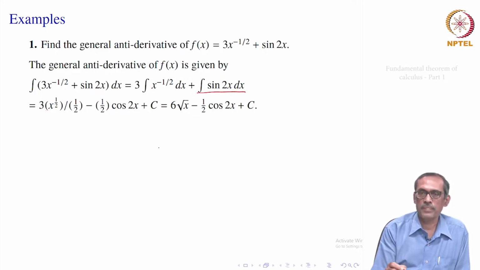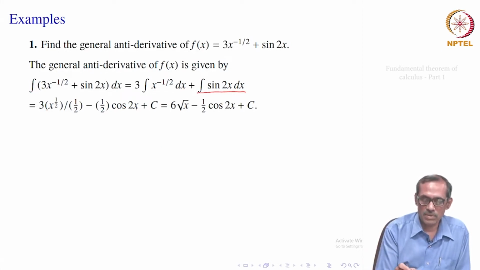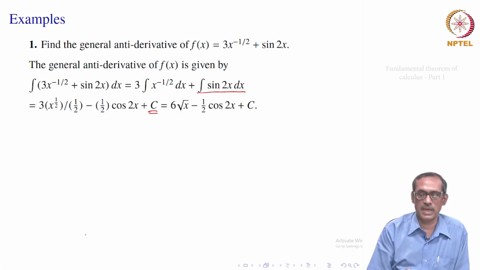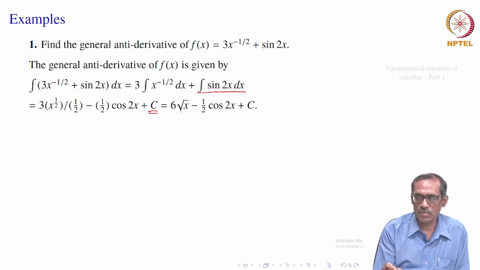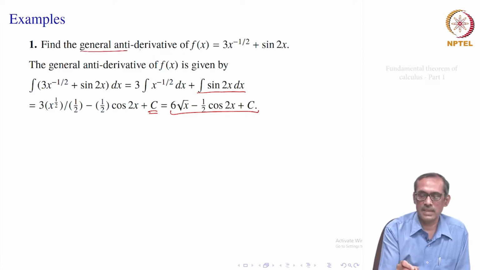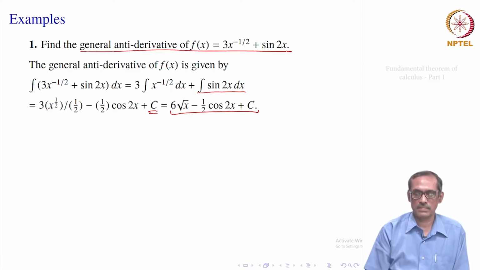That also you know is minus cos kx divided by k. So, that gives minus cos 2 x by 2, and of course, some arbitrary constant might be there because it is an indefinite integral. So, you simplify, that gives you 6 square root of x minus half cos 2 x plus c, that is the indefinite integral or the general antiderivative of f x.